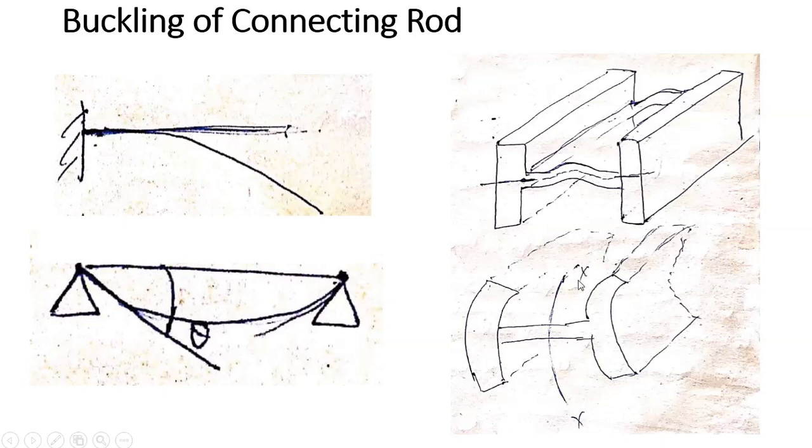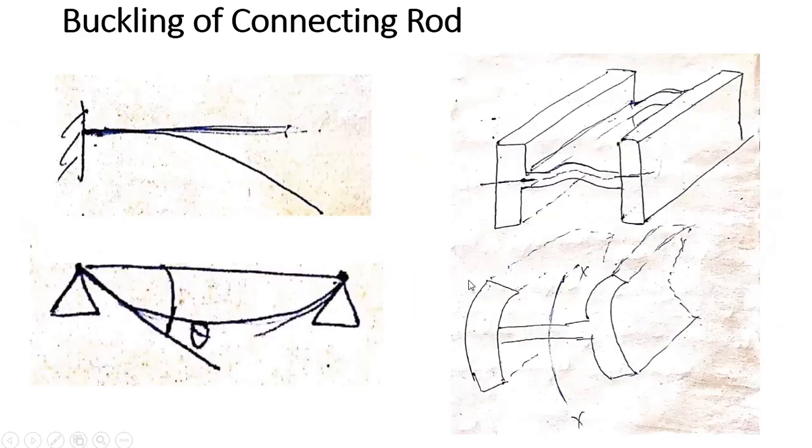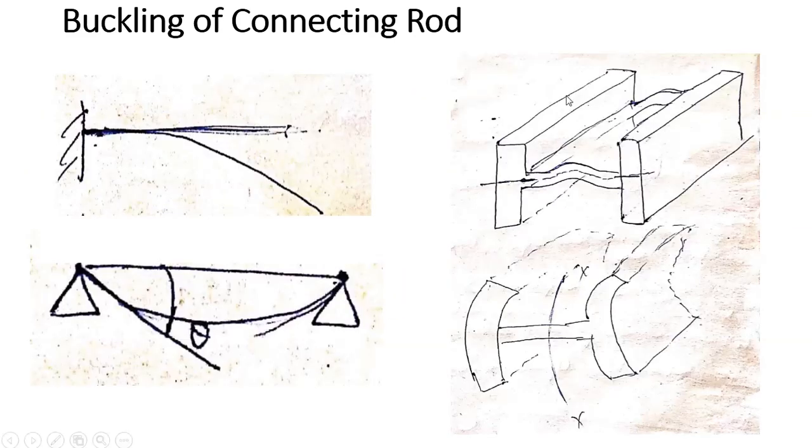Similarly, along the x-axis you can see that at this point the movement is 0, as well as the deflection is 0 along this axis. So we can say that along the x-axis the edges are assumed to be hinged, or in other words simply supported. That's why we assume these two conditions, and both depend upon the deflected shape because of the buckling load.